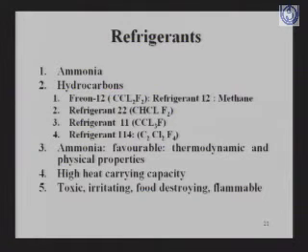It has high heat carrying capacity. Some of the disadvantages are it is toxic and it could be irritating also. It is flammable and sometimes it gives bad taste to the food also. But because of the other advantages, which are thermal properties, it is still preferred.